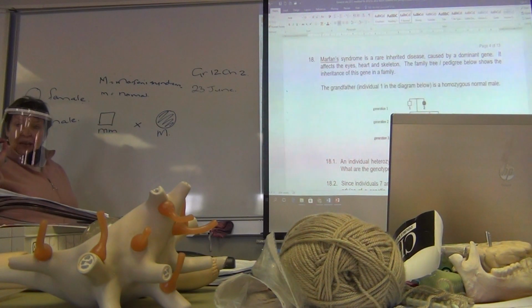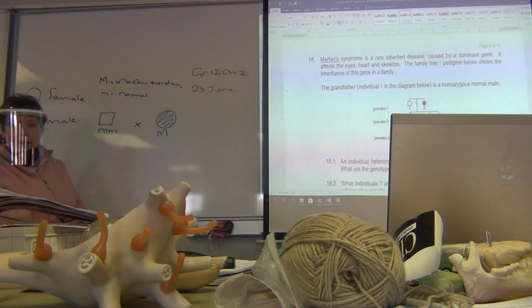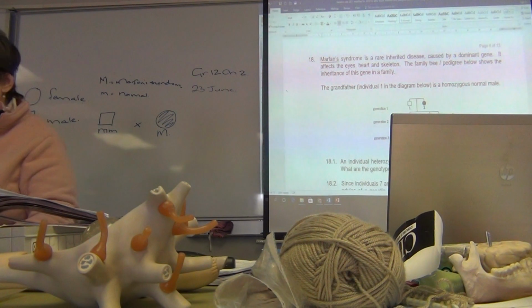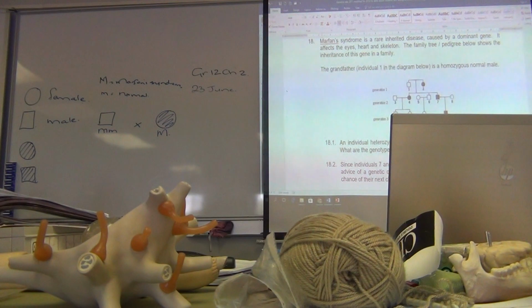Now listen carefully. In pedigrees, you start at the bottom and you go up. And you fill in everything that you can do. And the things that you can do are always homozygous recessive. Okay, you know for a fact are homozygous recessive.